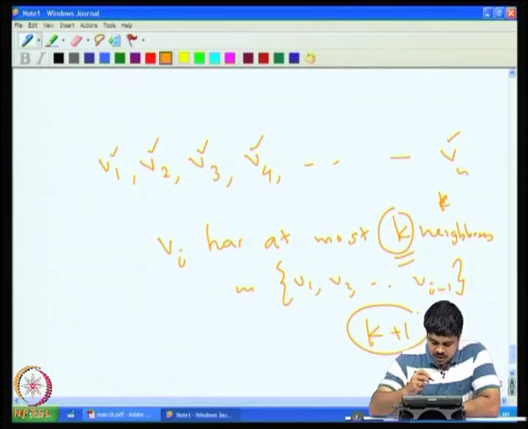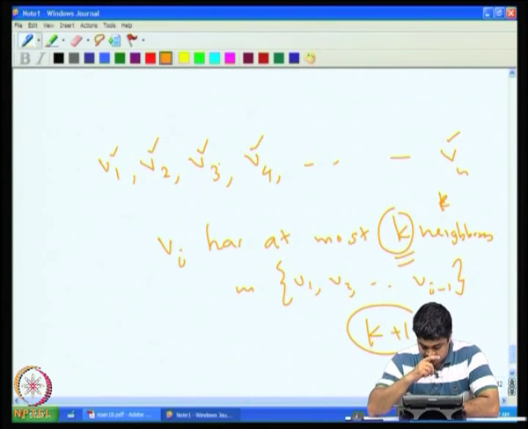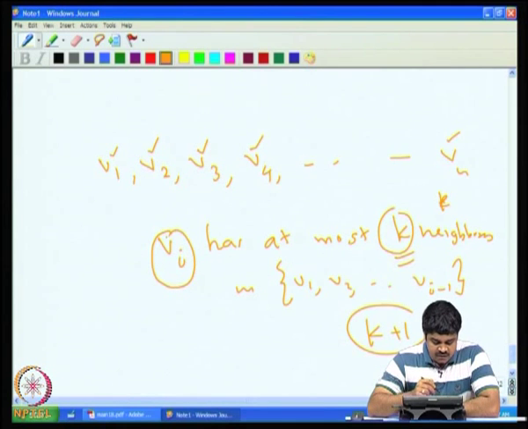When I color starting from V1, then V2 and V3 and onwards, when I reach Vi, we see the colors which are already used on its neighbors.